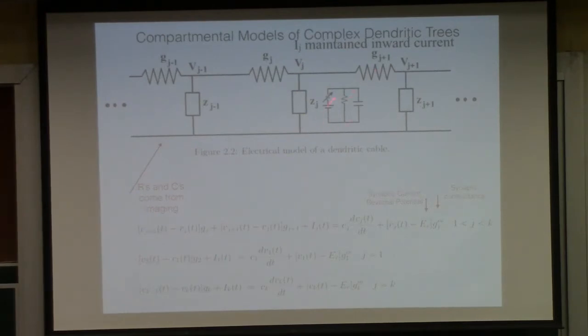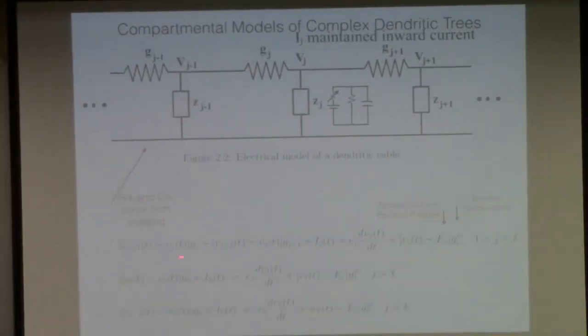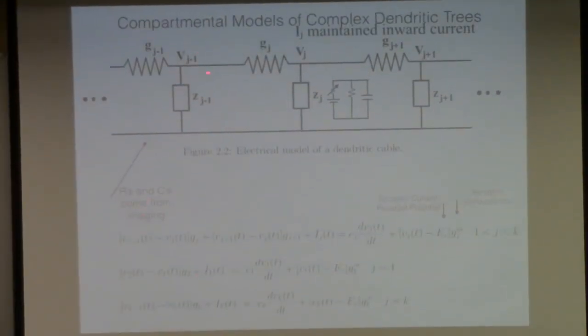So this is an expanded view of this electrical circuit element. If we label voltages at each node in this way, we can apply Kirchhoff's current law yet again at each node. The current flowing from this node to this node through this resistor is given by this expression here.